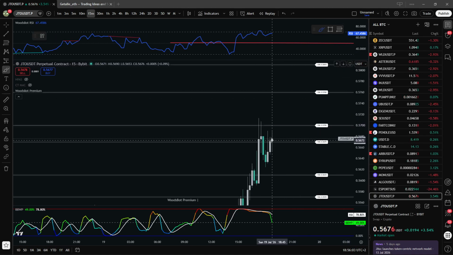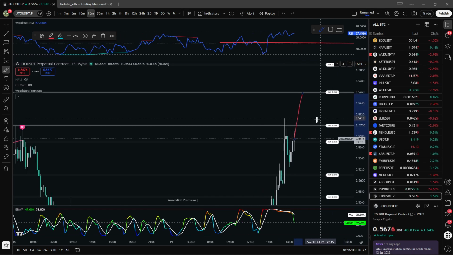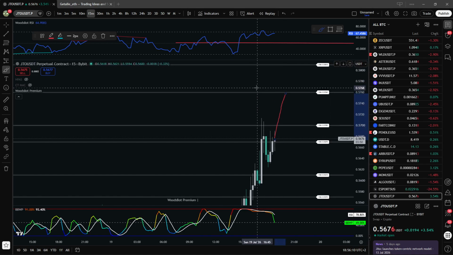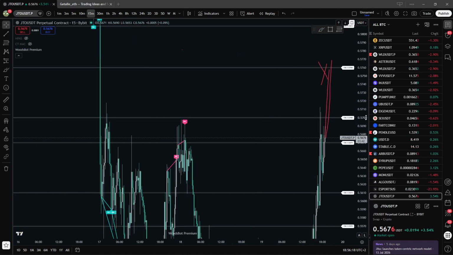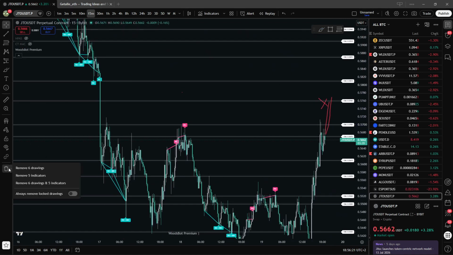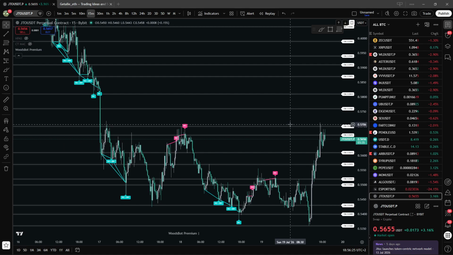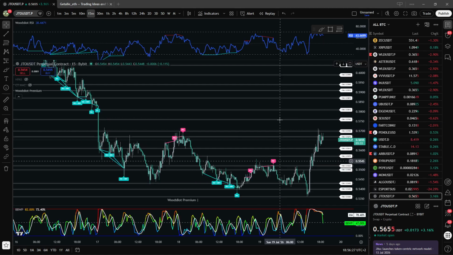So as long as there's no bearish divergence, I would not look for any shorts, but there can definitely be bearish divergence around this level. So if price action pushes up, there could be potential for bearish divergence, but I don't have any triggers to short this right now. Momentum is looking decent. No bearish divergence, so no trade for me.